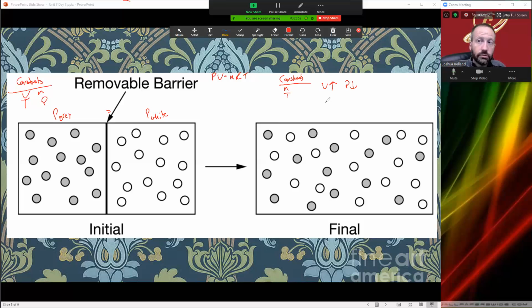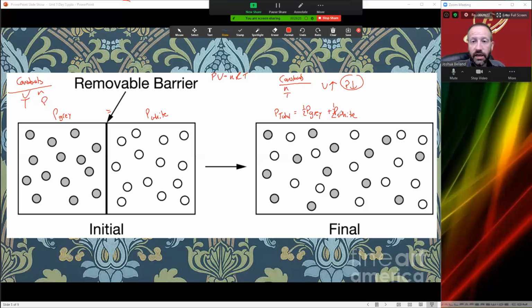However, we're also mixing them together. So this is now a Dalton's law thing. The total pressure will equal the pressure of the gray plus the pressure of the white. However, I expect their pressures now to be half because it looks like the volume doubled. Because remember, these were the same volume.